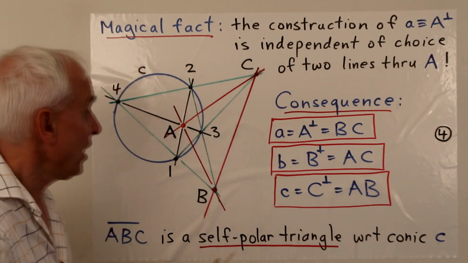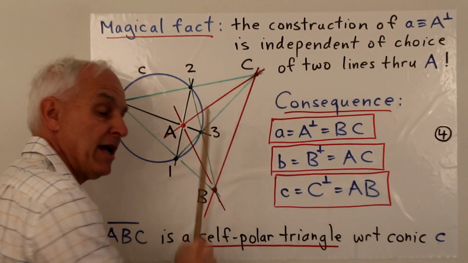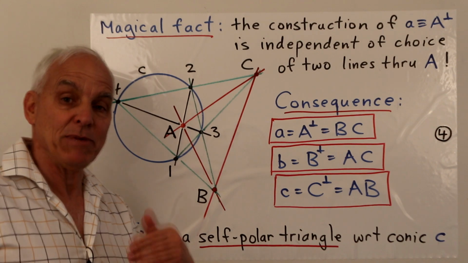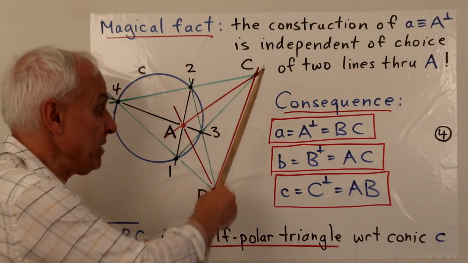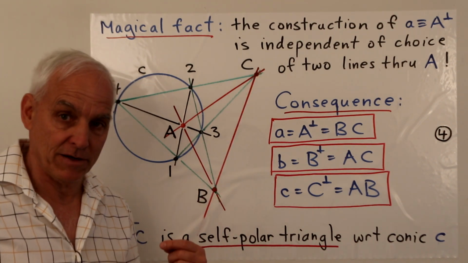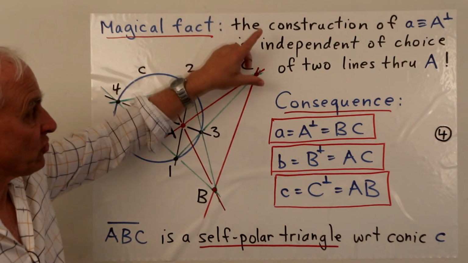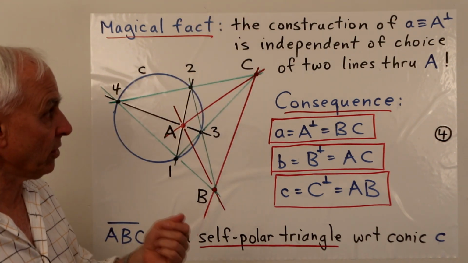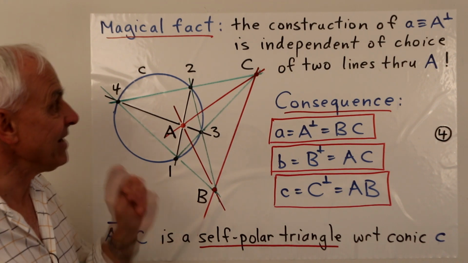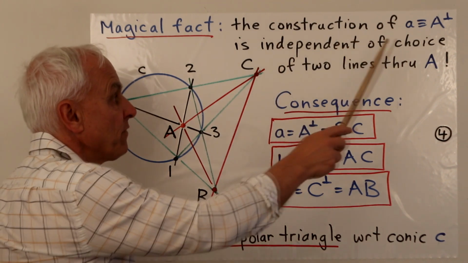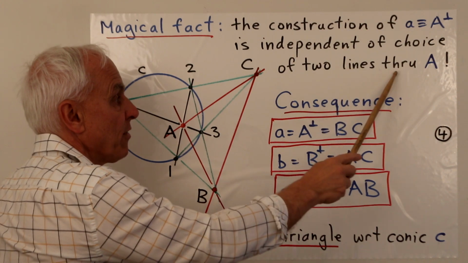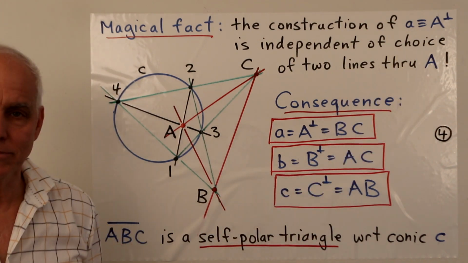But nevertheless, the line BC that they determine seems to be in exactly the same position as the line BC that we obtained in the previous slide. And this is the magical fact. The magical fact is that the construction of a, the dual of A, point A, is independent of the choice of two lines through capital A.